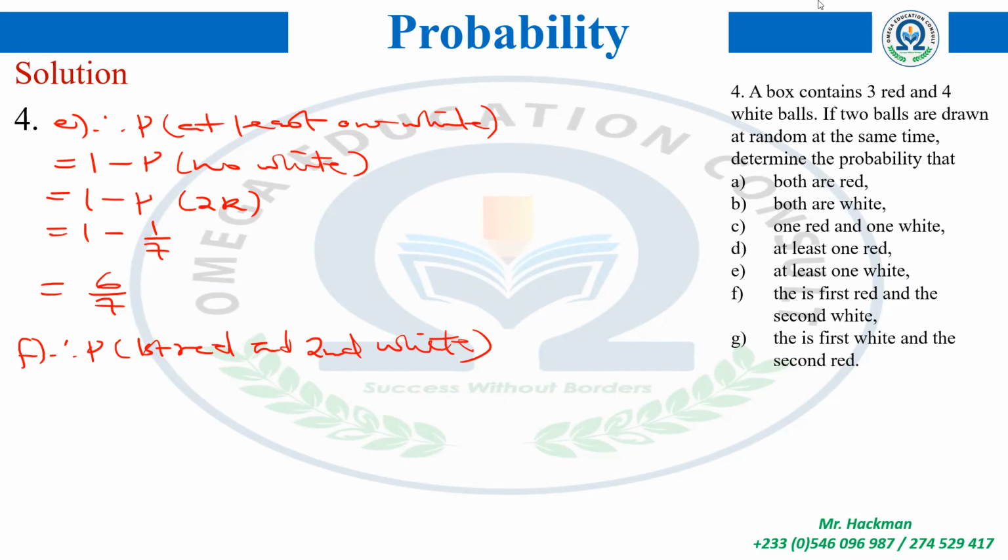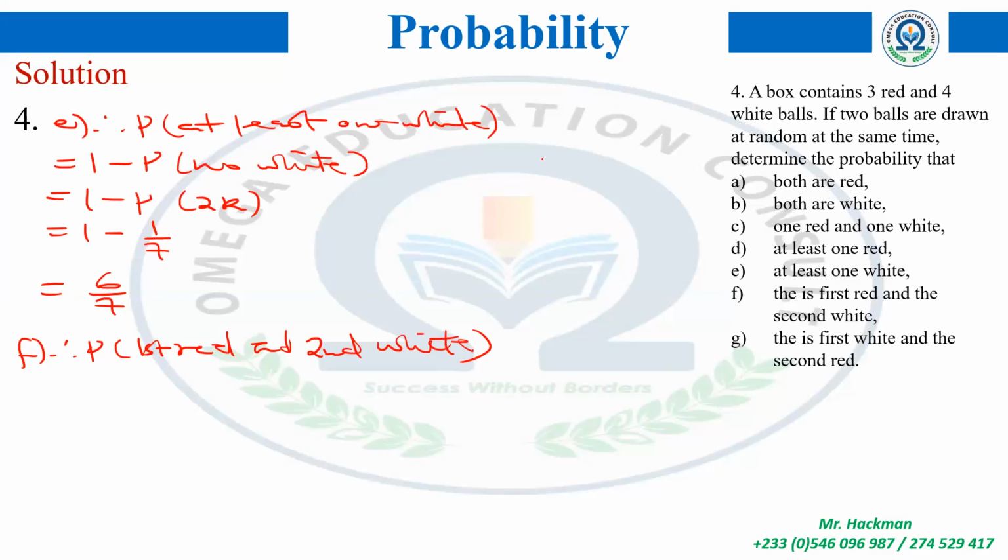I'm thinking there'll be separate fractions. Like the first one will be 3 combination 1 over 7 combination 1, times 4 combination 1 over 6 combination 1. Come again.